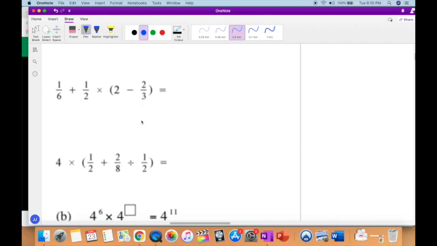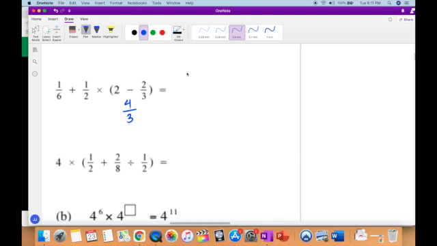If I take 2 and say that is 6 on 3, then 6 on 3 minus 2 on 3 gives 4 on 3. So inside the brackets I get 4 on 3.